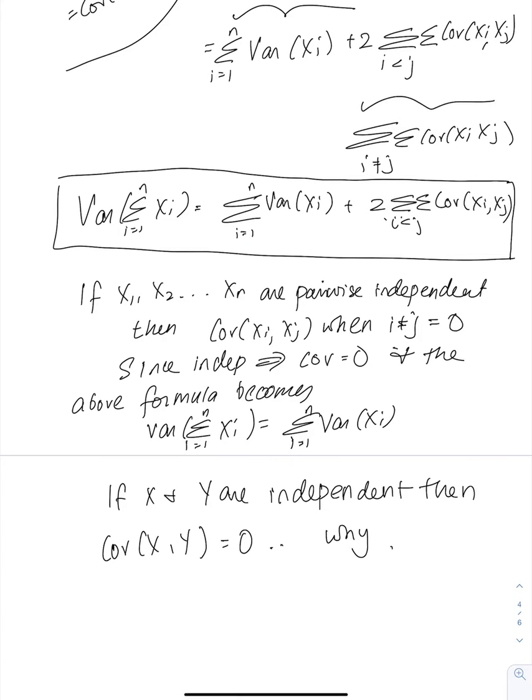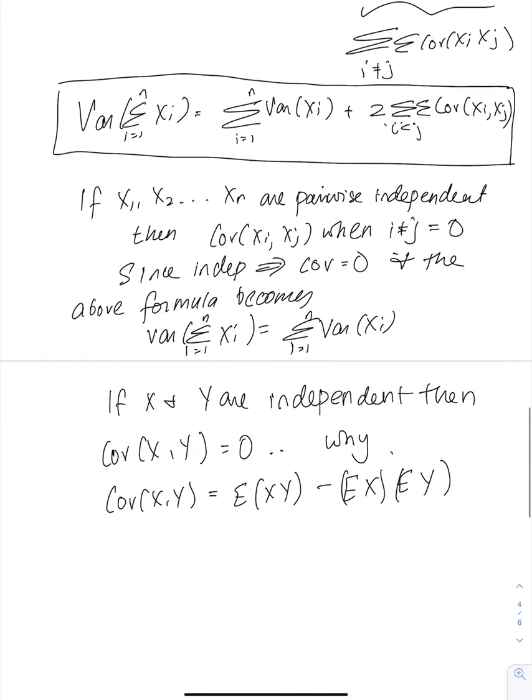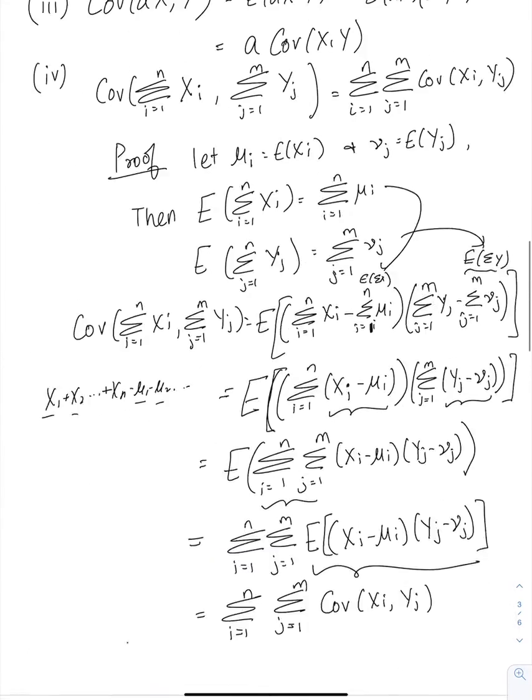You can actually prove it easily. Okay, what is the covariance of x, y? The modified formula said that's the expectation of x times y minus the expectation of x times the expectation of y. But you know if x and y are independent, what is this? This is the expectation of x times the expectation of y, right? We saw this. This is the proposition we just saw above.